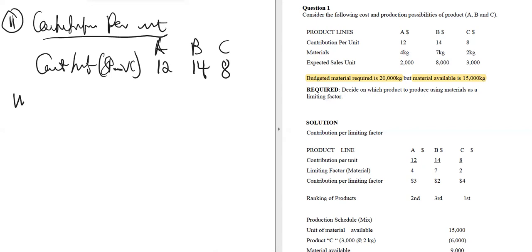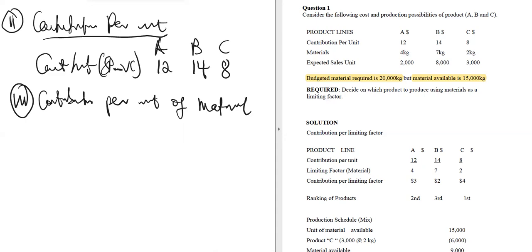The next step is to find your contribution per unit of the limiting factor, which is material kg. This 12 we are making is for 4 kg, but how much is 1 kg? This 14 is for 7 kg, but how much for 1 kg? The same for the 8, which is for 2 kg.